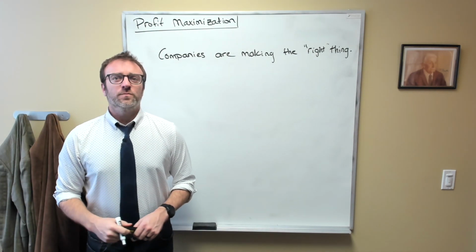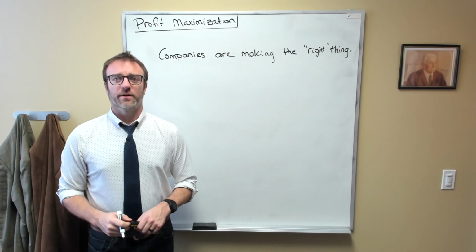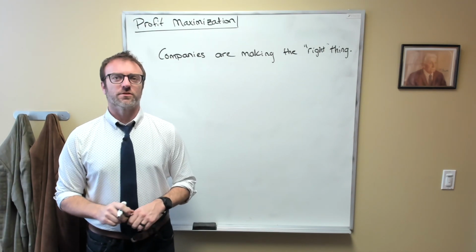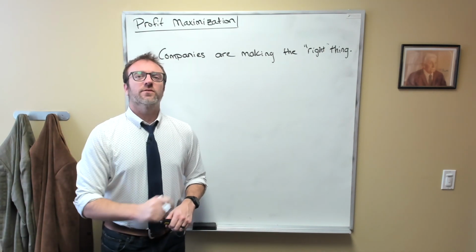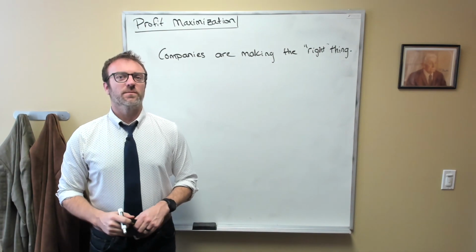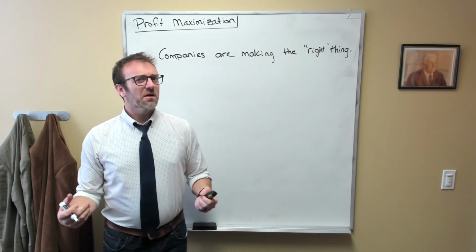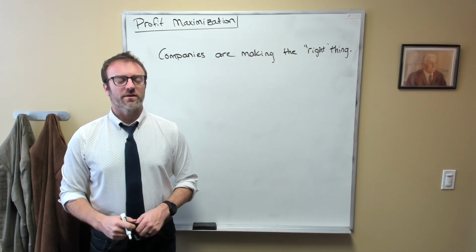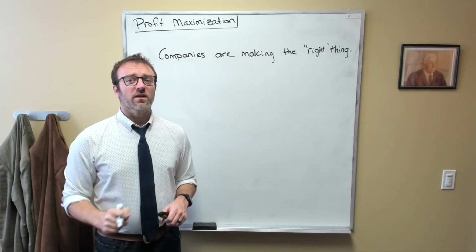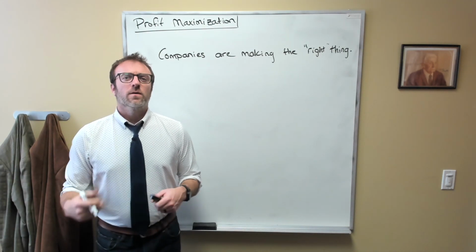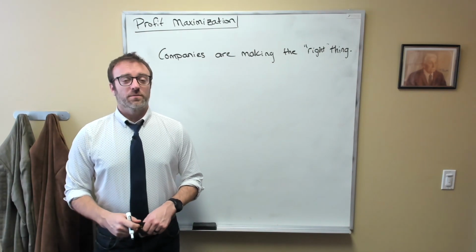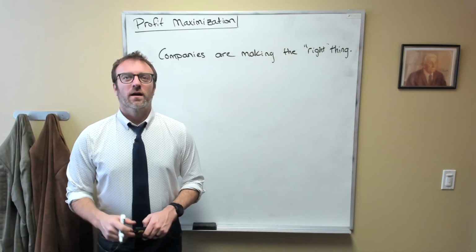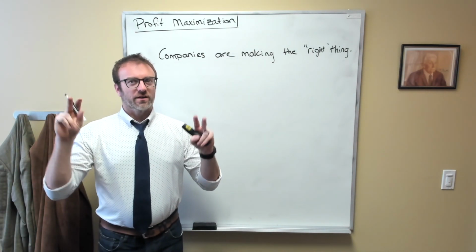Now, if you assume that companies exist to make money, which seems like a pretty good assumption in the real world, then not switching to something that could actually make them more money would be kind of weird. Somewhat paradoxically, the greedier you think a company is, the more likely it is that they're going to be making the right thing.